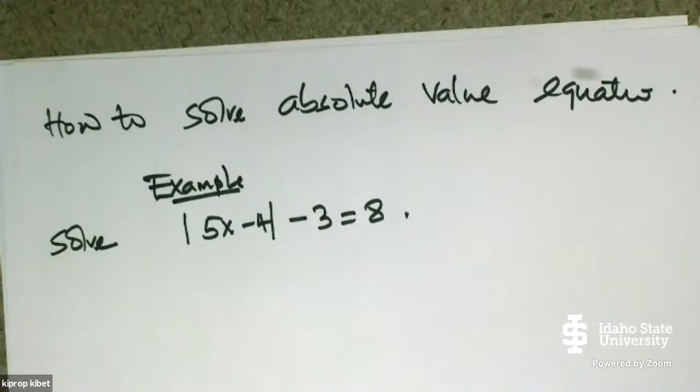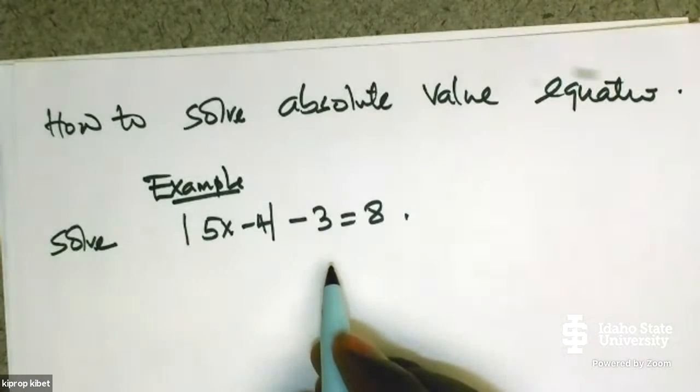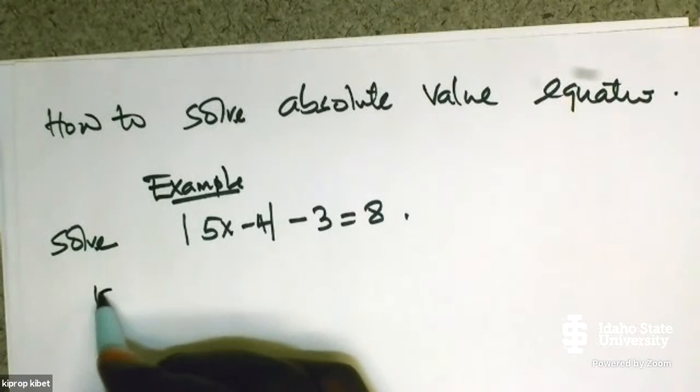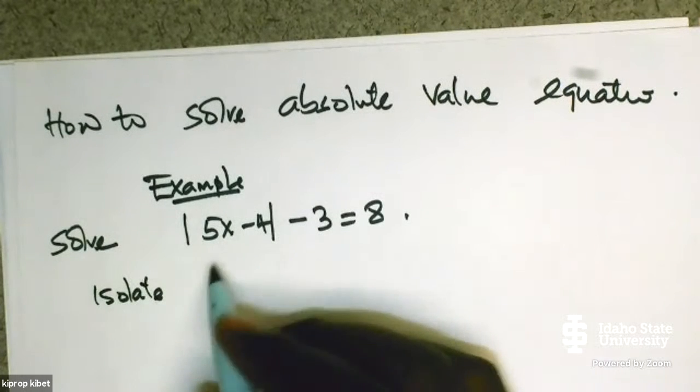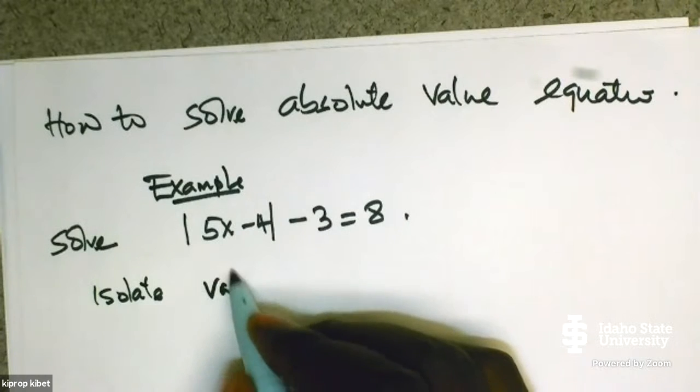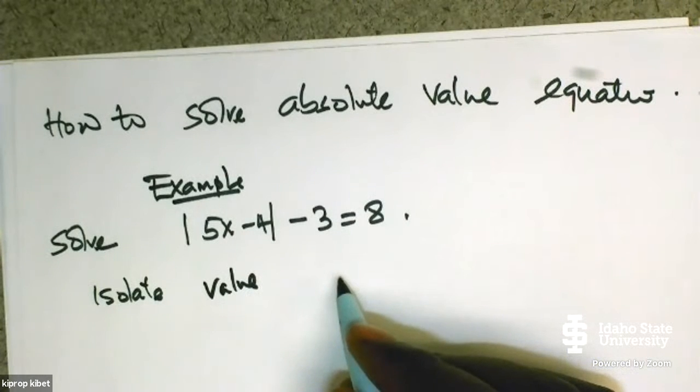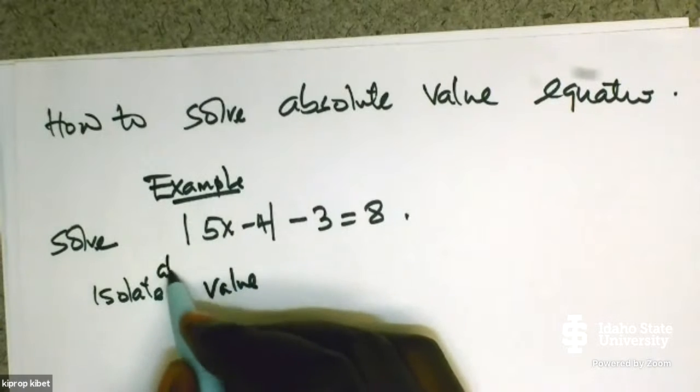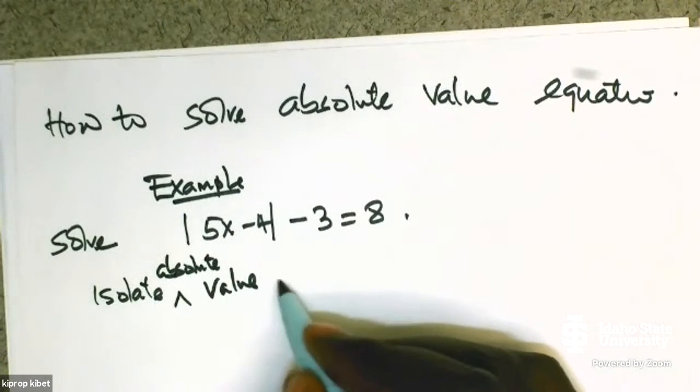First of all, we check all the values which do not have the absolute value. So we check this minus, that means we add 3 there. So the first step is to isolate the absolute value.